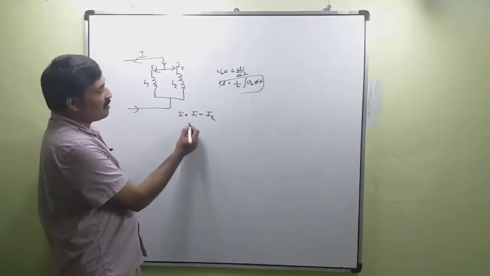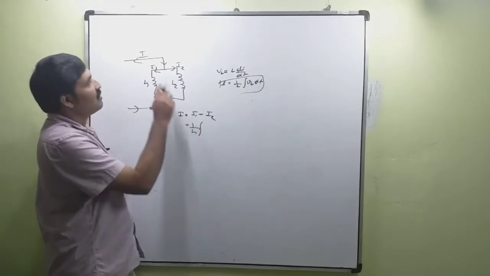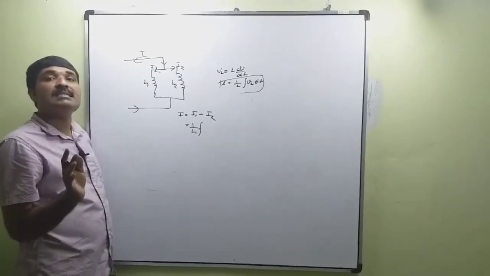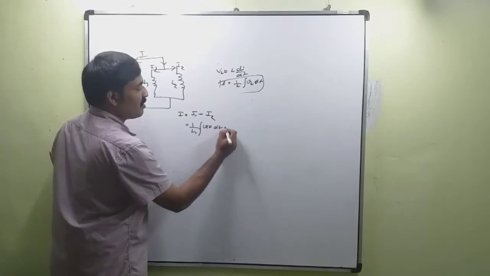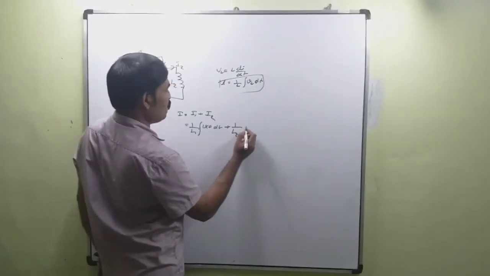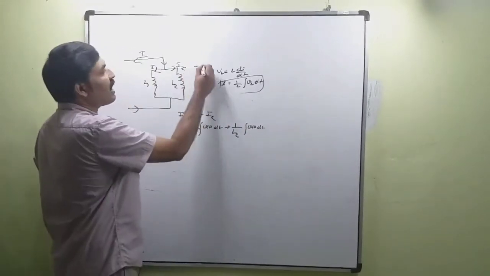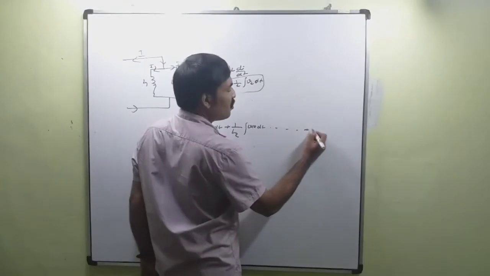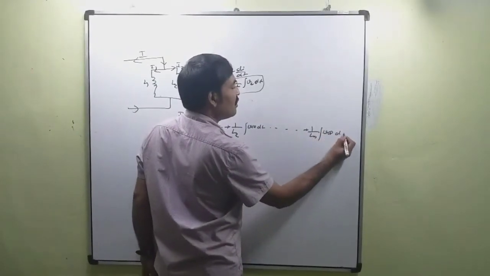So I1 is equal to 1 by L1 into integral V of t dt, since this is a parallel connection and the voltage across each element is the same, plus 1 by L2 integral V of t dt. If we have n number of inductances, then the summation goes up to 1 by Ln integral V of t dt.